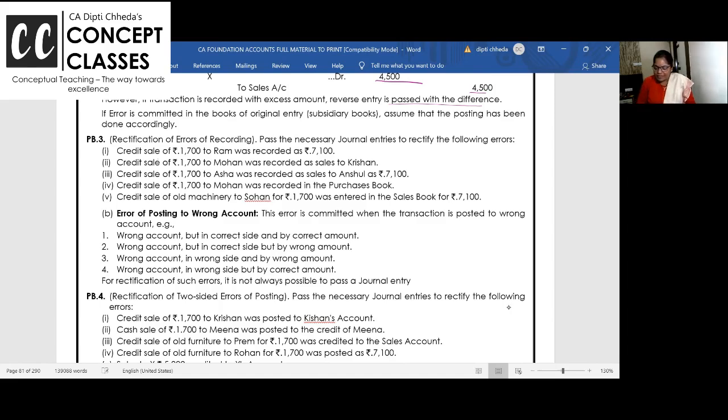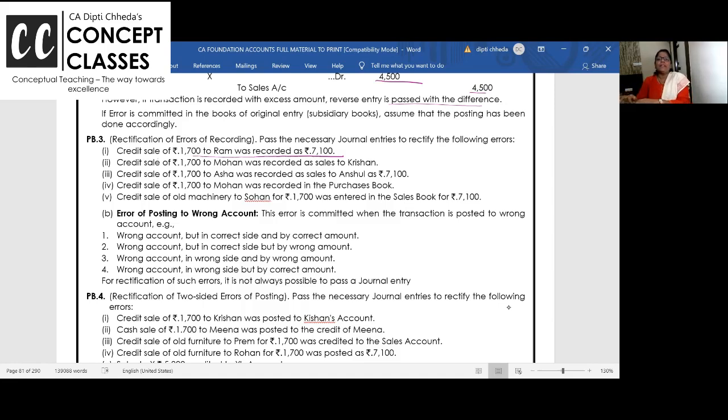Credit sales of 1,700 to Ram was recorded as 7,100. Very beautiful these entries are. And yes, I got the doubt. You're asking कि these errors will come in the computerized account also. होता है. Suppose you have sold the goods to Ram. Ram account debit to sales.